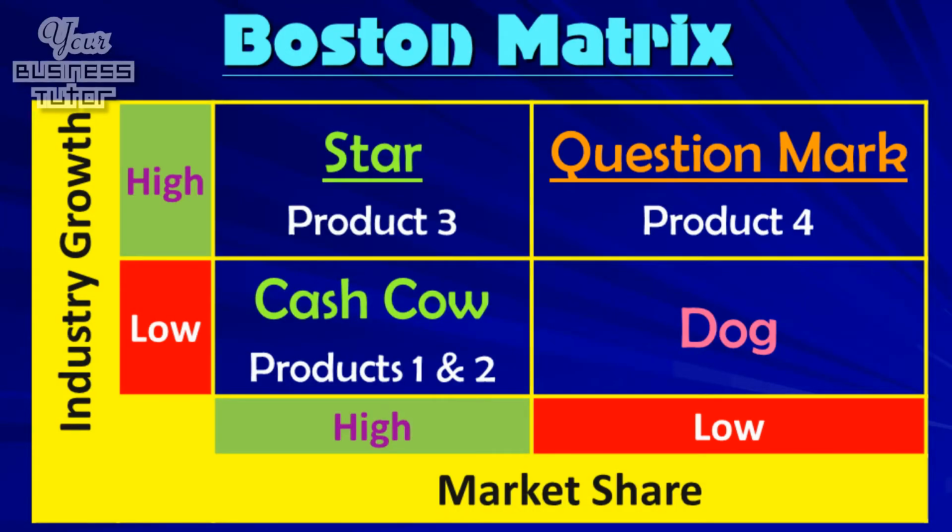But equally, without stars and question marks, a business won't have any products to replace cash cows that eventually will fall into decline and die. As such, in an ideal scenario, a business would have a balanced product portfolio as shown.